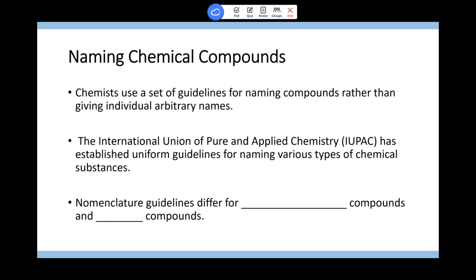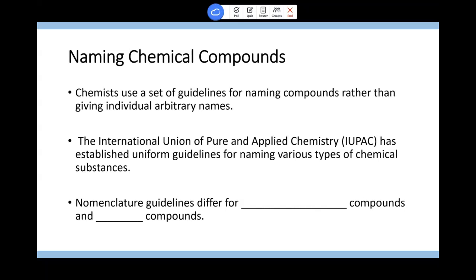Before that, scientists would name a compound they discovered, and then in a different country or area, they might have a different name for the same compound, and then scientists can't communicate about those compounds together because they have different names for them. So we have this system to name molecules and compounds so that scientists can communicate across countries and within countries as well.